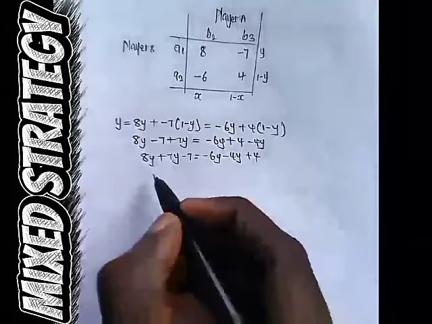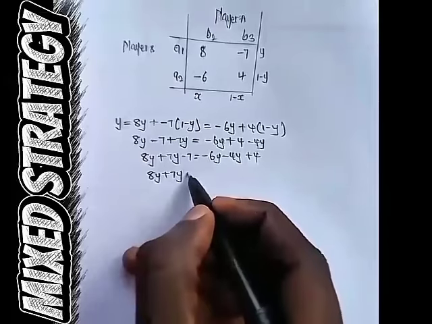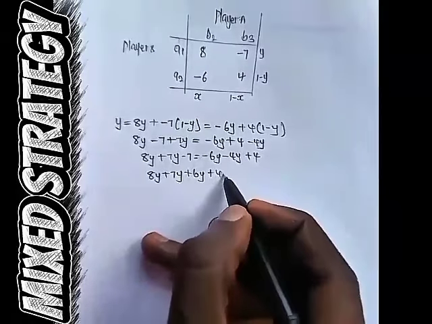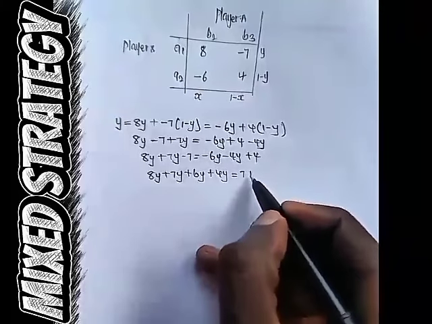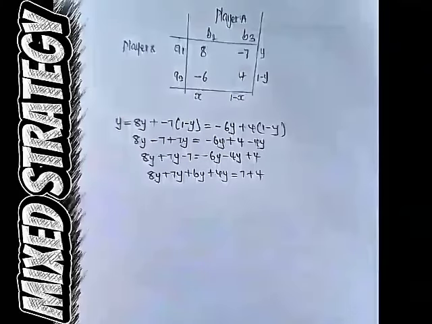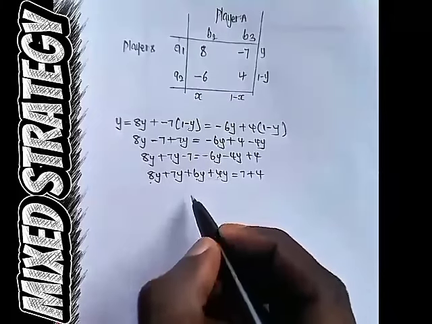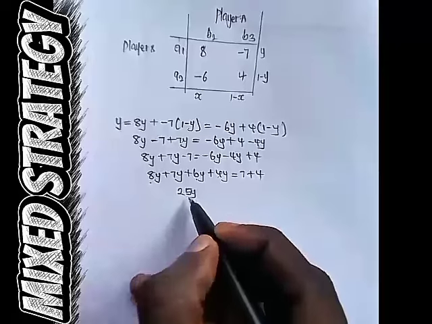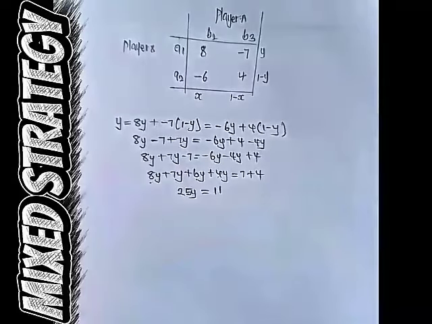Then I can now collect the like terms. 8y plus 7y plus 6y plus 4y equals to minus 7 is coming here, 7 plus 4. So 8y plus 7y plus 6y plus 4y is 25y equals to 7 plus 4 is 11.